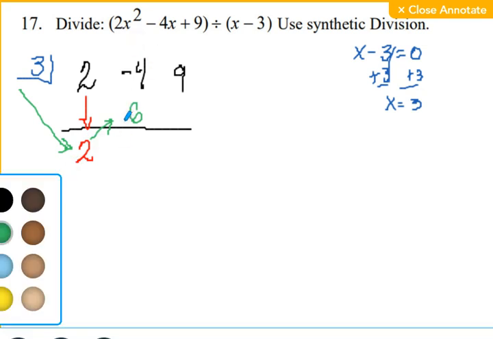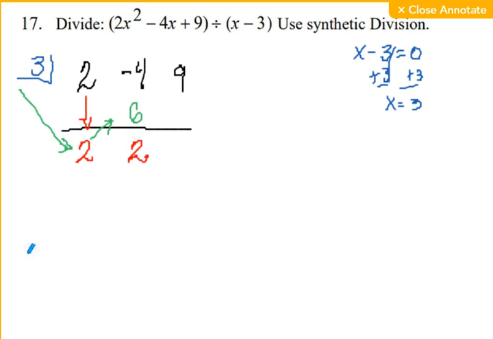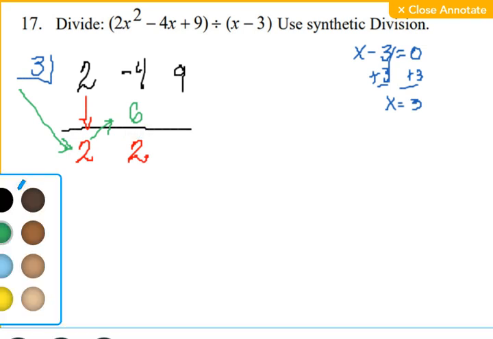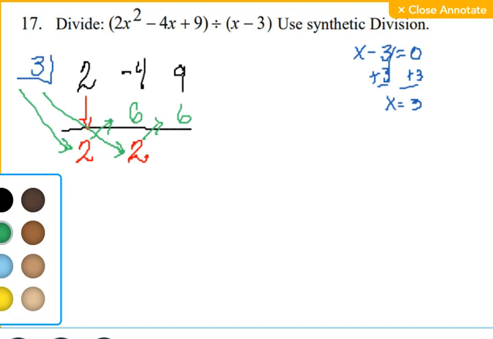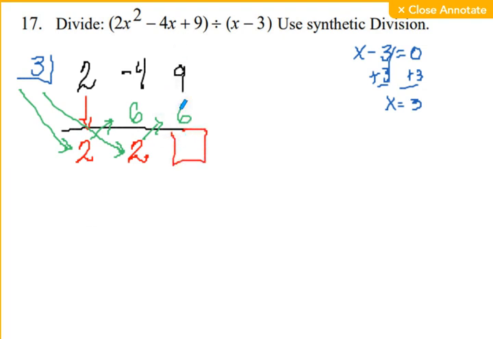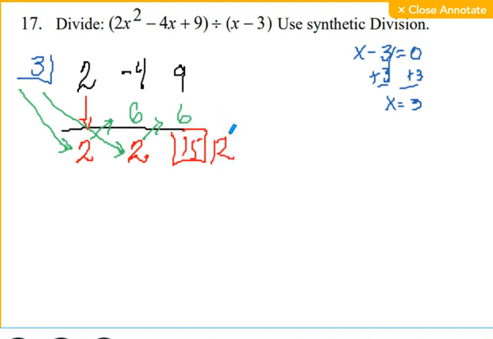So what is 6 minus 4? That is 2. All right, do it again. Here it goes. 3 times 2, that is 6. All right. So combine those, and that leaves us with 15, and this is a what? Remainder. Yes.